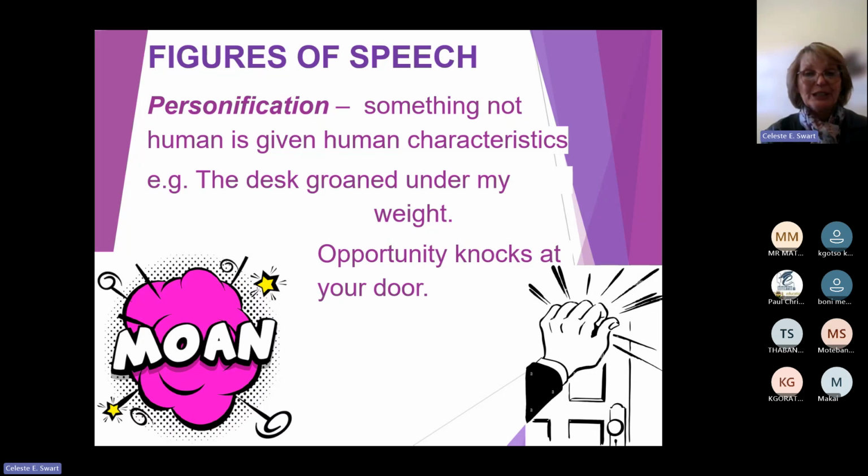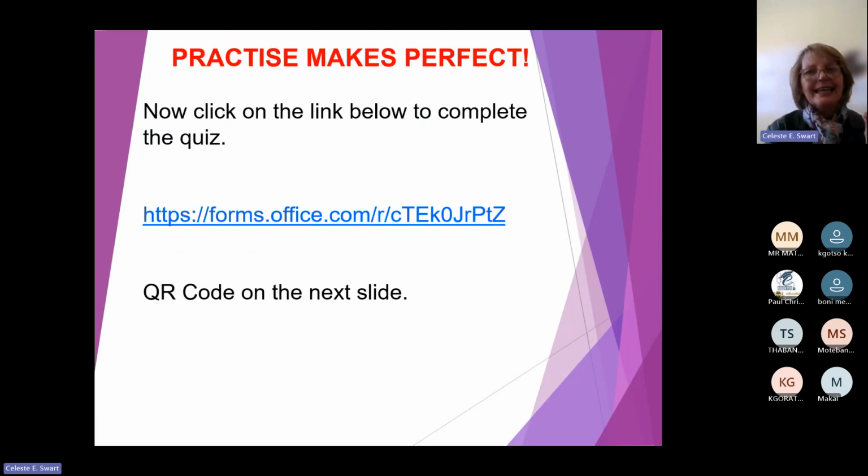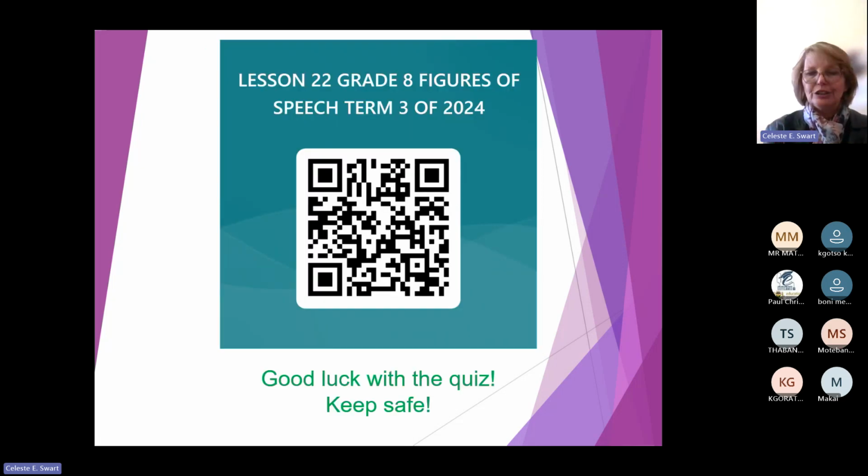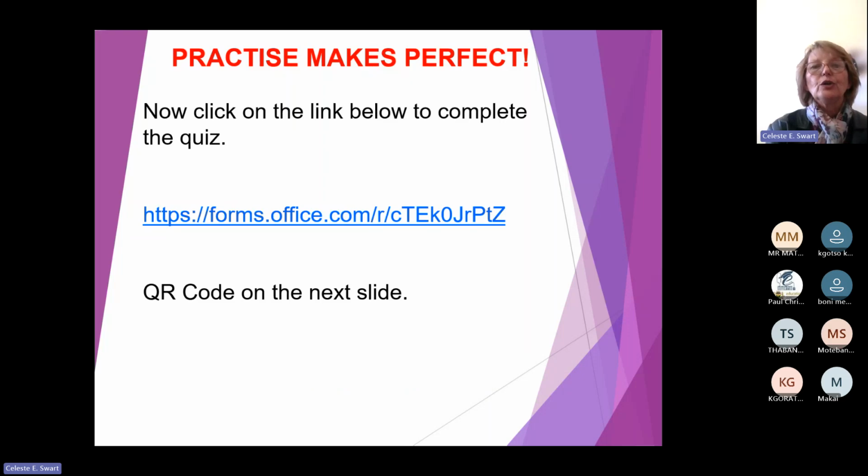And I'd like you to try and make sure you get it right. So don't forget about the quiz afterwards. The quizzes are very simple. I use the exact same information as you will find in my quiz and in the slideshow. So there's nothing that's going to frighten you or make you think, oh, I don't know, we didn't do that. So have a look here. You can either join this Practice Makes Perfect by clicking on the link below.